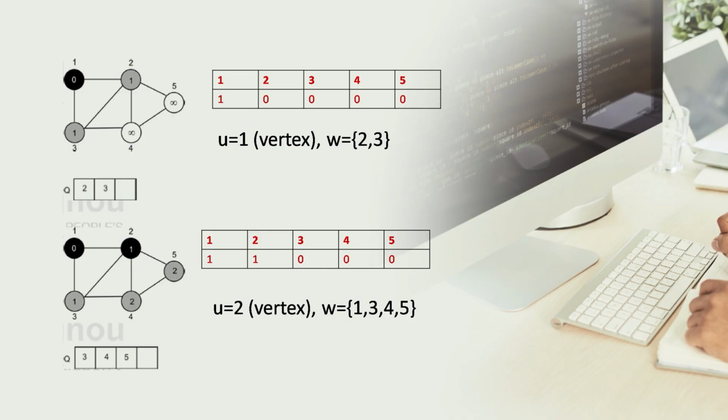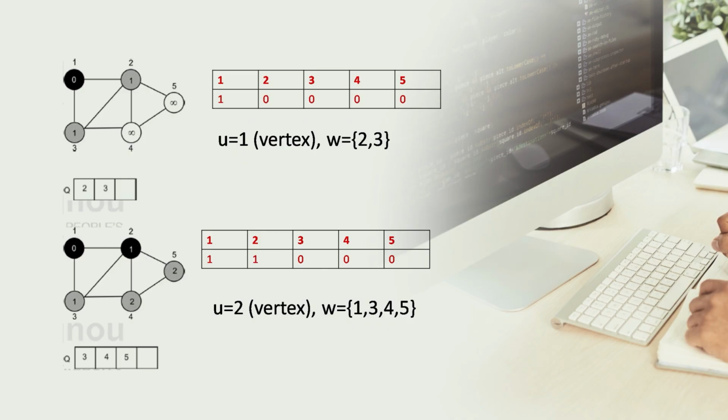Okay, so now for the vertex 1, the vertices 2 and 3 are adjacent. If they are adjacent, it means that you have to add them to the queue. So you can think of 2 and 3 as a kind of queue.